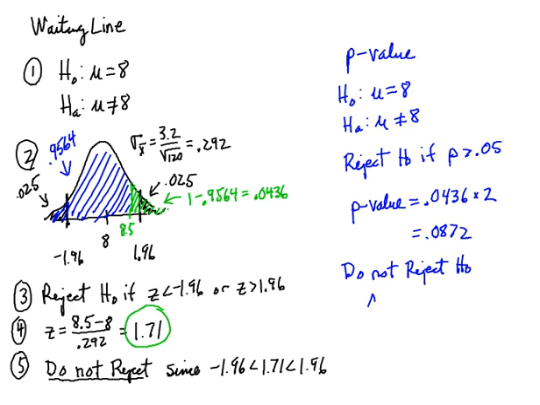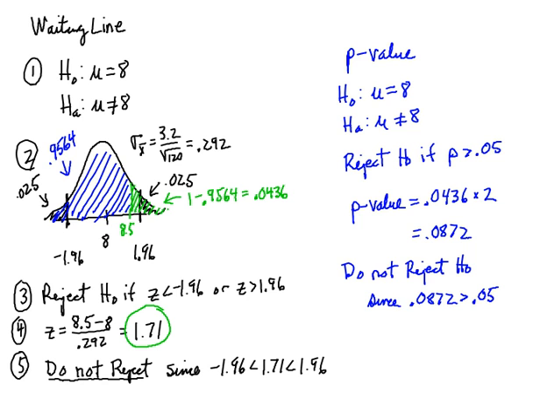Do not reject H sub 0, since 0.0872 is greater than 0.05. So the risk level is actually higher than what we were willing to allow, and therefore we won't reject H sub 0.